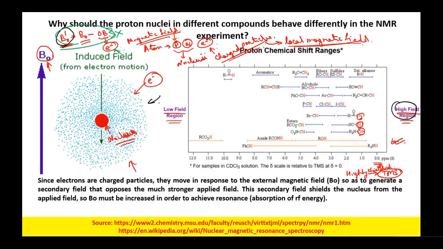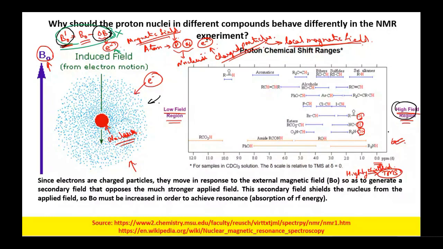You need to understand this concept. Over here I have told that the moving electrons generate a delta B, which negates the effect of B0, such that the nucleus experiences a lower magnetic field.